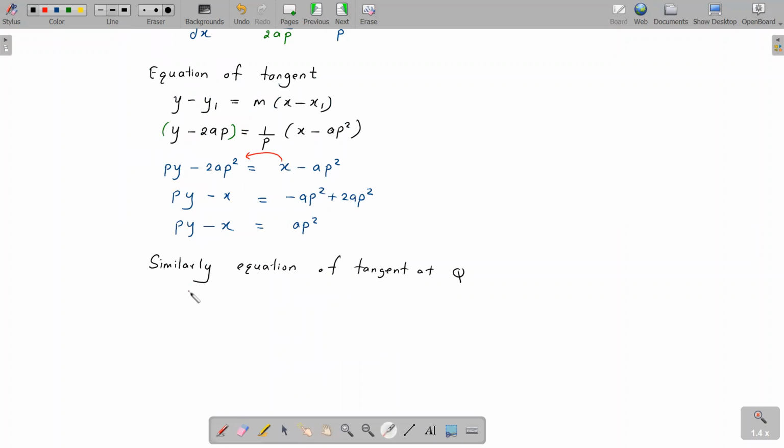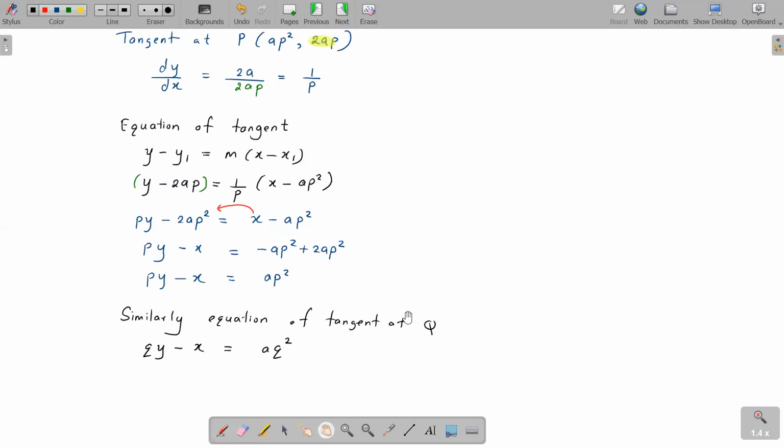Instead of PY, now you have QY minus X equals AQ square. This is the only thing. So you don't need to do the whole process again. Just a simple statement and you can write it. Save your time. That's all you need to do, because it's the exact same process repeated with just the change in the letter.